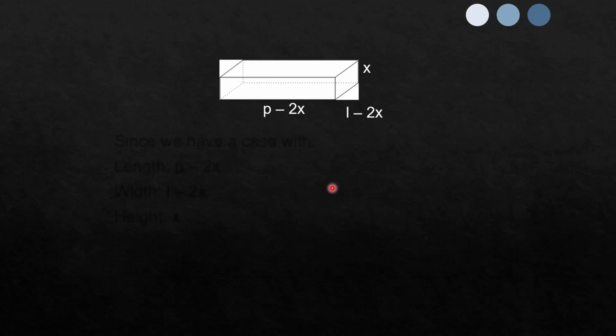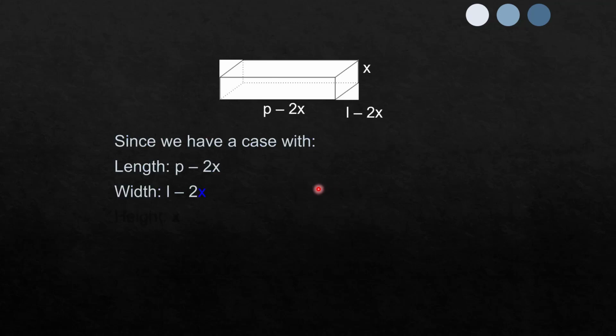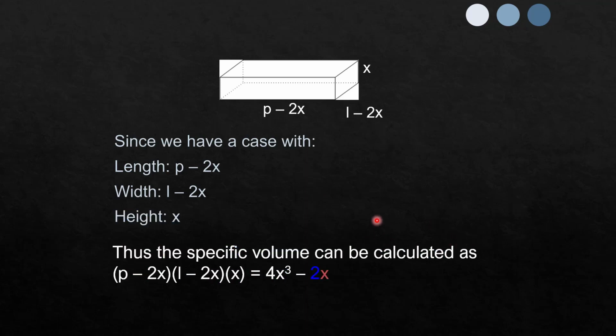Then, when we calculate the volume of this box, with length P minus 2x, L minus 2x and height x, the volume will be P minus 2x times L minus 2x times x.